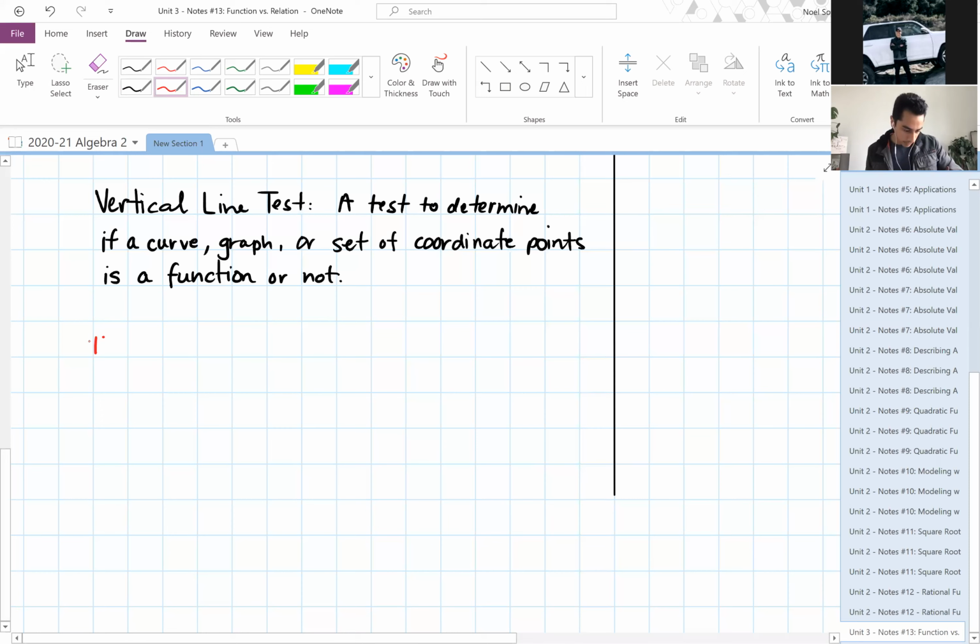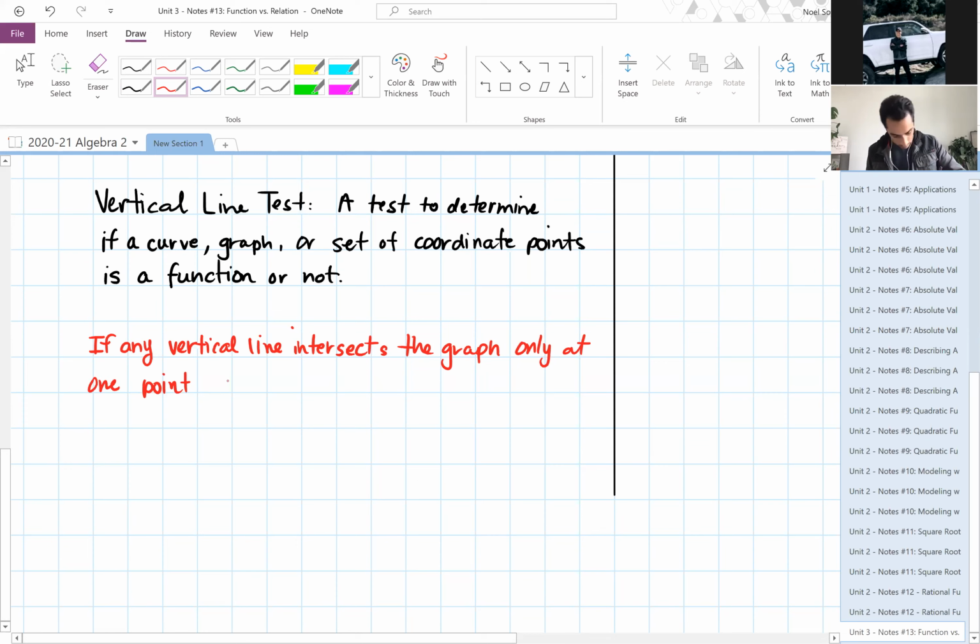All right, and here's how you know. If any vertical line, which means you can draw any vertical line anywhere, intersects the graph only at one point, then that's a function.